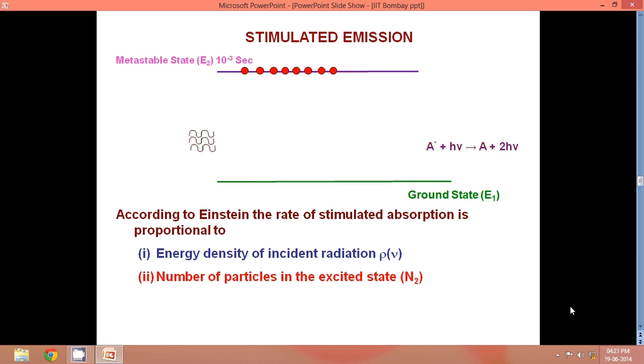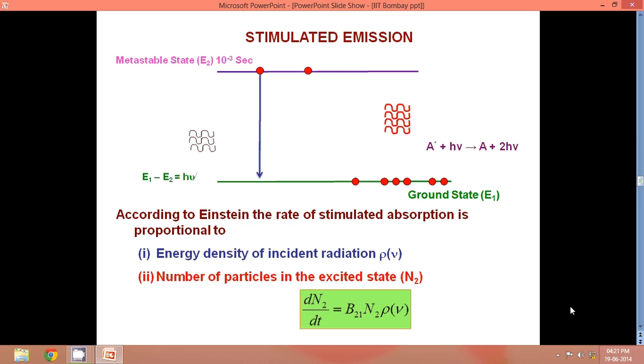Now we'll see the third one, that is stimulated emission proposed by Einstein. Suppose the system is already in an excited state, but that state is different compared to the previously discussed spontaneous emission. There the excited level has a lifetime of 10 to the power minus 7 seconds.